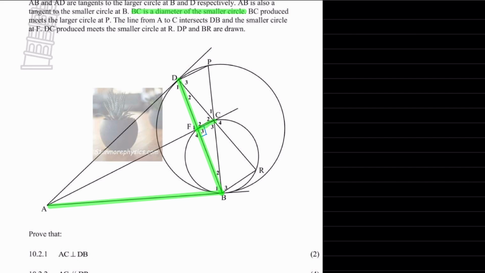Those chords subtend two angles, angle C3 and angle P. So it means that angle C3 is going to equal angle P. So let's call this angle X. That's going to be angle X, and that right there is going to be angle X. And if we look closely, now we have the shape of an F, which tells us corresponding angles, which then implies that those lines are parallel.